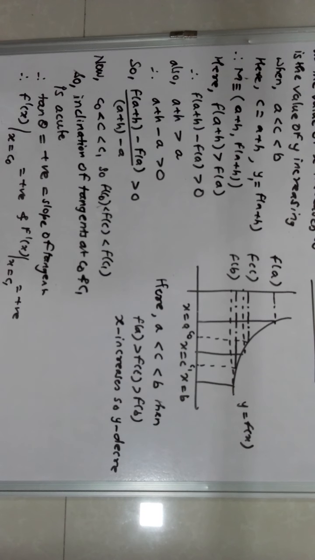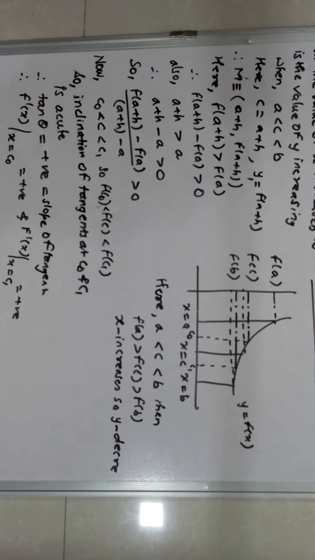Okay, now I will talk about this. I have taken 2 points, x is equal to C0 and x is equal to C1, which are in the neighborhood of C. So at C0 and C1 what I find is C0 is less than C is less than C1, but the value of y, that is function of C0, is greater than function of C, and function of C is greater than function of C1.